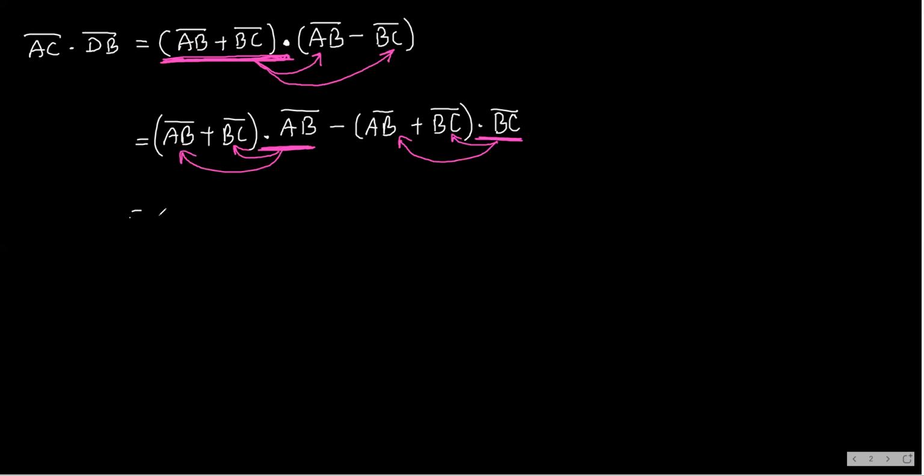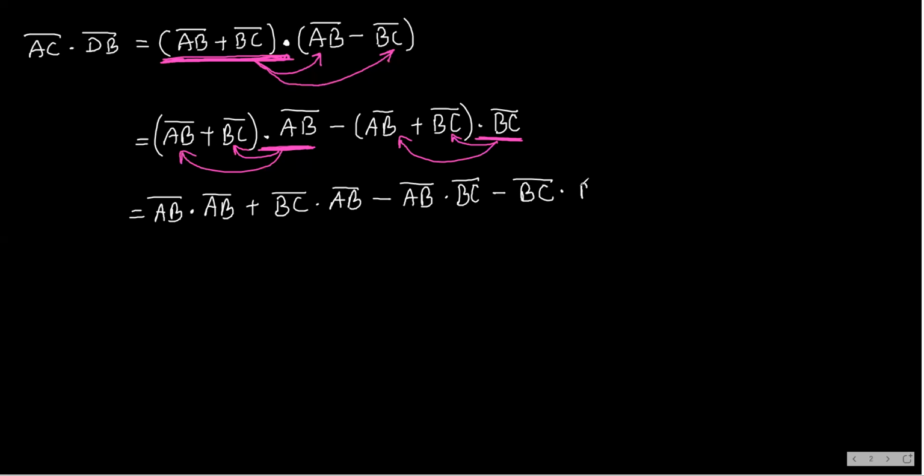So we will have AB bar dot AB bar plus BC bar dot AB bar, then minus AB bar dot BC bar, again negative sign because outside the bracket we have negative sign, minus BC bar dot BC bar. Now as you know students, AB bar dot AB bar is mod of AB bar square.